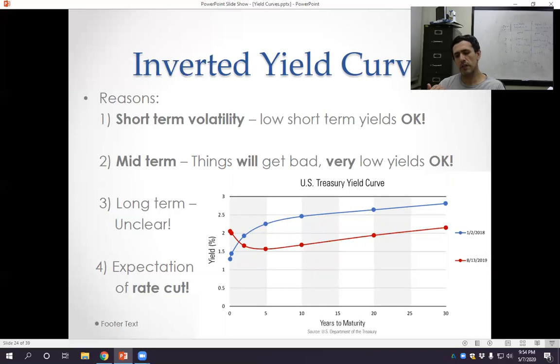Conversely, if the Fed wants to cool down the economy and make things a little less attractive, particularly the stock market, then the Fed is going to increase short-term yield rates to make them more attractive. And that's exactly what the Fed did between 2018 and 2019. It raised interest rates to cool down the economy, to try and make sure that inflation isn't too high.